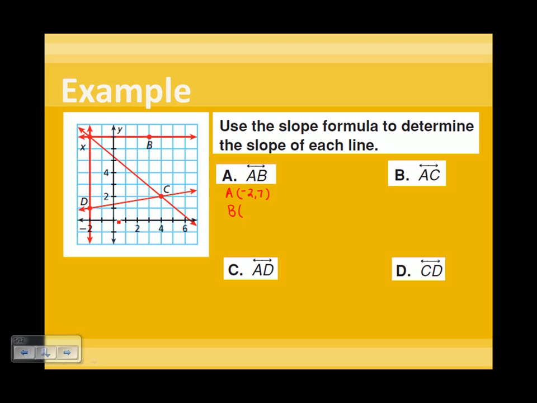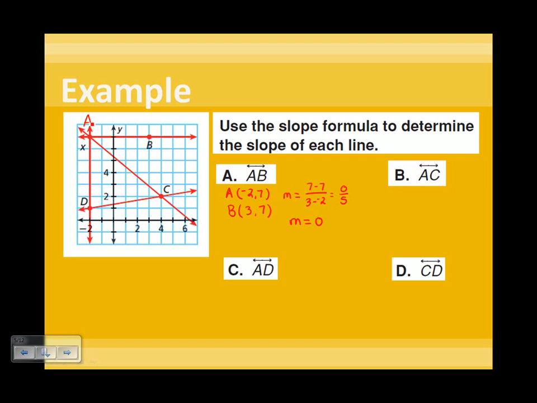And then B is here. The coordinates of that are (3, 7), it looks like. Okay, so if I use my slope formula, the slope is the change in y, so 7 minus 7, divided by the change in x, so 3 minus -2. I end up with 0 over 5, so line AB has a slope of 0.